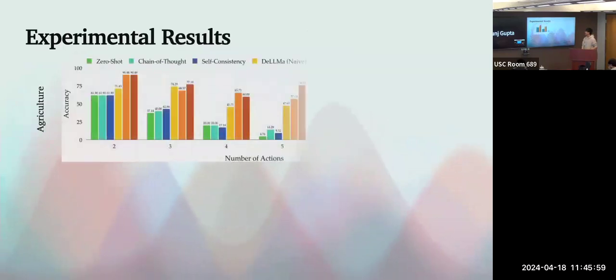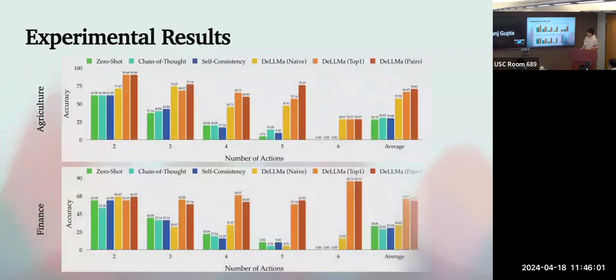And we have some experimental results. A little bit running out of time here, but you can see that all of the warm colored ones are DeLLMa versions. So DeLLMa top one, DeLLMa pairs is our final algorithm that we're thinking about. So 2 through 6 are the number of actions that we're considering.